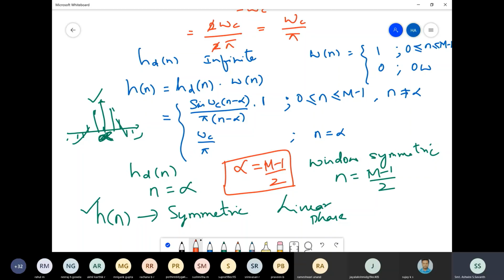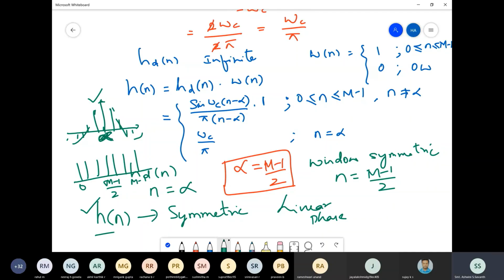So if you are multiplying this with a window function, let me write the window function here, from 0 to m minus 1, it is symmetric about m minus 1 by 2, right? If you set the value of alpha to something else, what happens? You may not get a symmetric function.